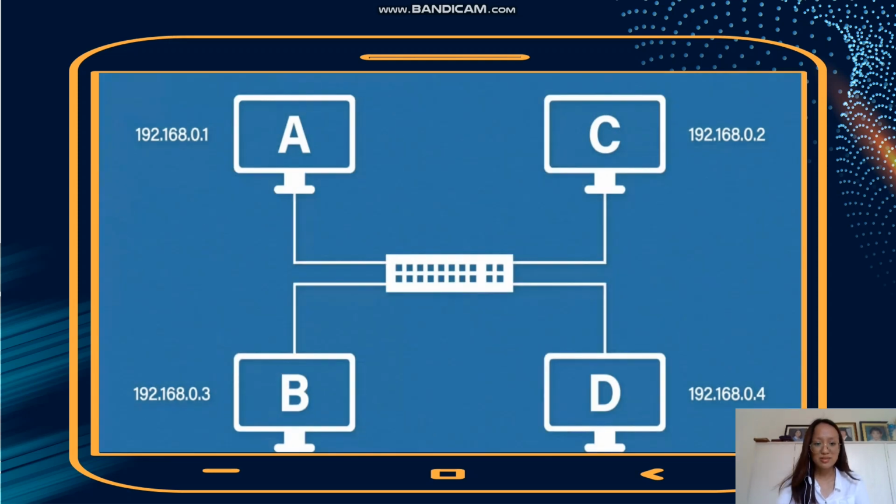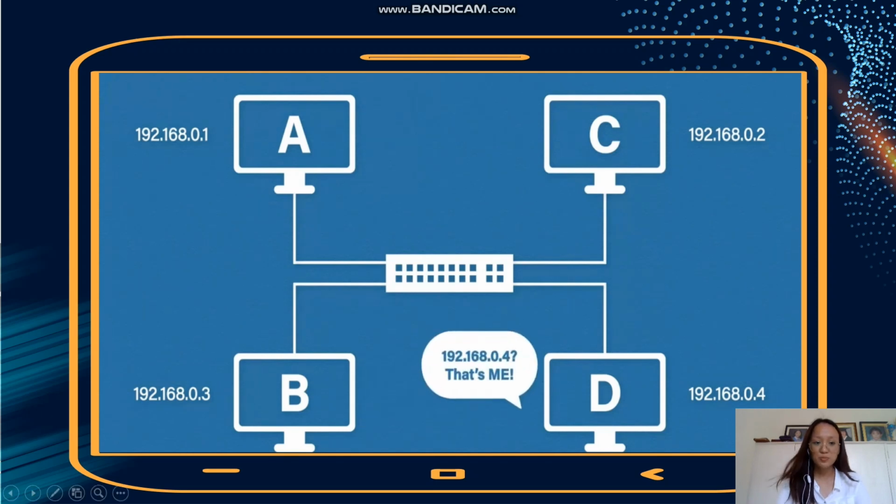The way it does it is simple. Computer A will shout out to the entire network saying, who is 192.168.0.4? Tell me your MAC address. So computer A will send out a broadcast message on the network asking every device which computer has the specific IP address, and will ask for their MAC address.